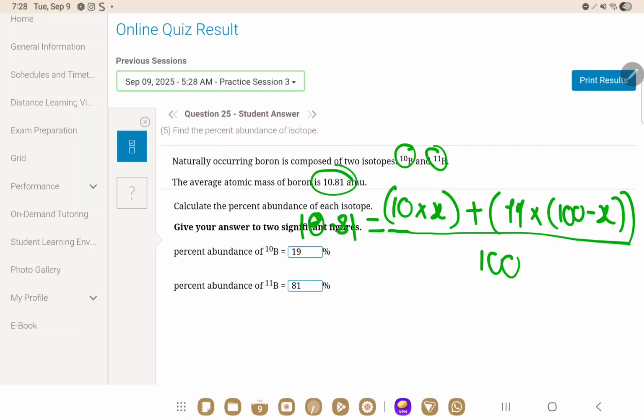If you have a calculator, put it all into your calculator. If you solve it, you're going to get that x equals 19. So that's for the one we gave x. Now for the one we gave 100 minus x, which in our case is the 11, you do 100 minus 19, which is 81.